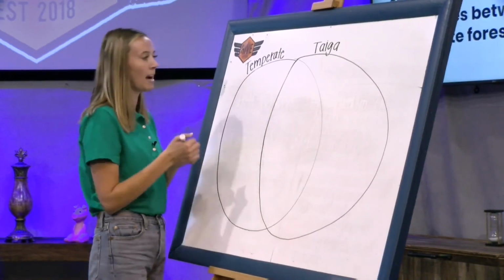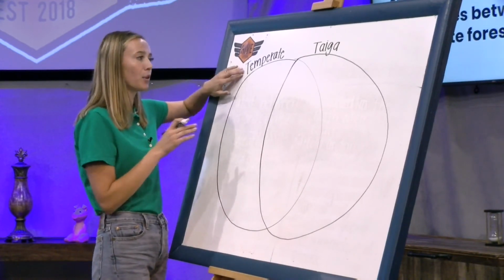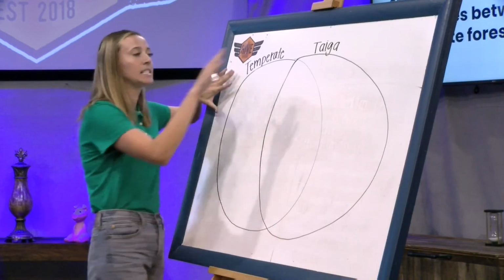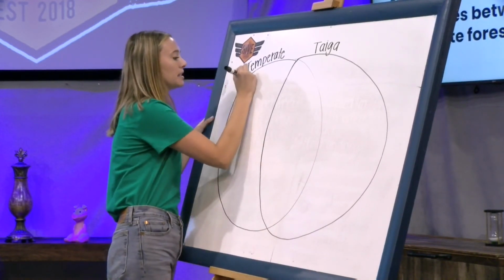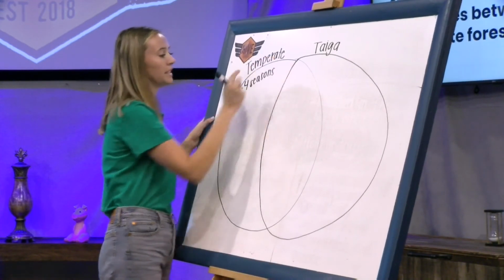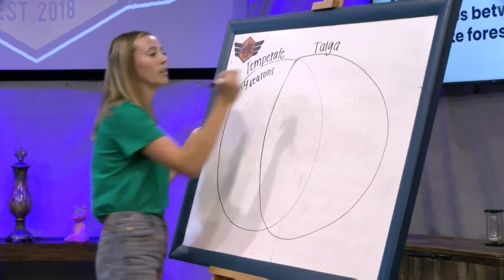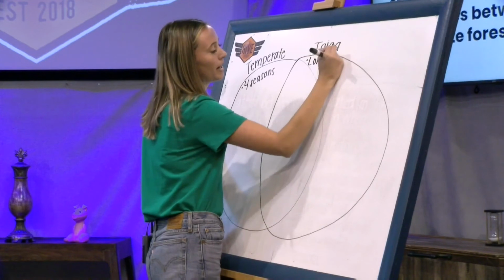Now, anything that is different about temperate forests, for example, something that taiga forests don't have. I'll give you one example. Temperate forests have 4 seasons, where taiga forests have long winters, right?